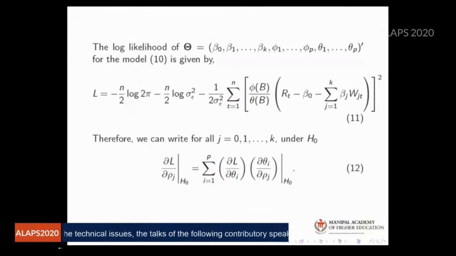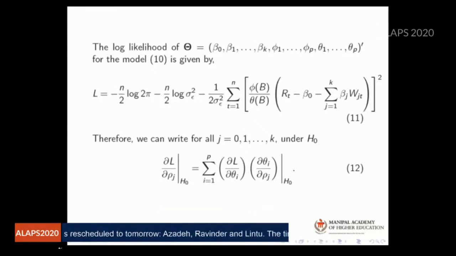So the log likelihood of the parameter theta for the model 10 is given in equation number 11, and the partial differentiation of this log likelihood value with respect to the rho j's under H0 can be computed as summation i equals 1 to p.